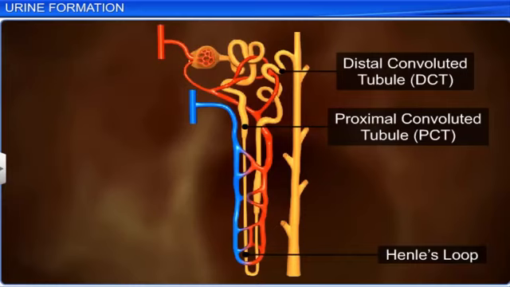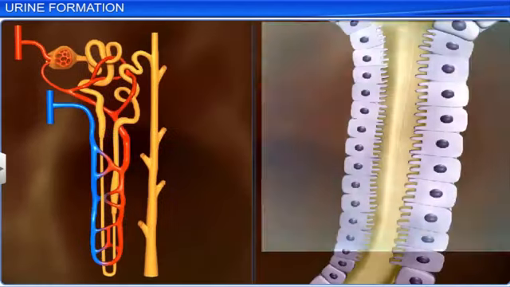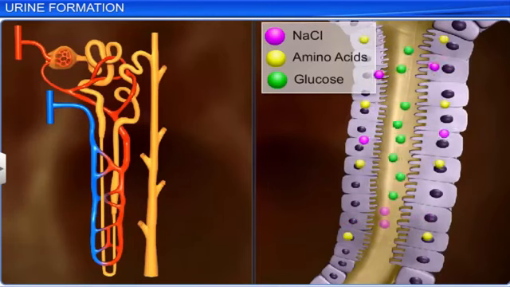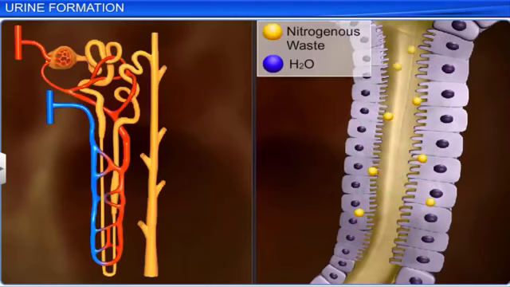Reabsorption is performed by the tubular epithelial cells present in the different parts of the renal tubule through active or passive mechanisms. While substances in the filtrate such as sodium, amino acids and glucose are absorbed by active transport, nitrogenous wastes are absorbed by passive transport. Water is also reabsorbed passively in the initial segments of the nephron.